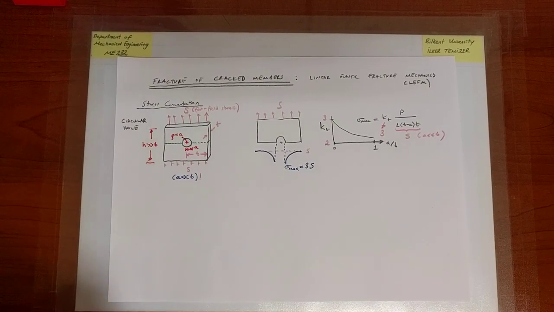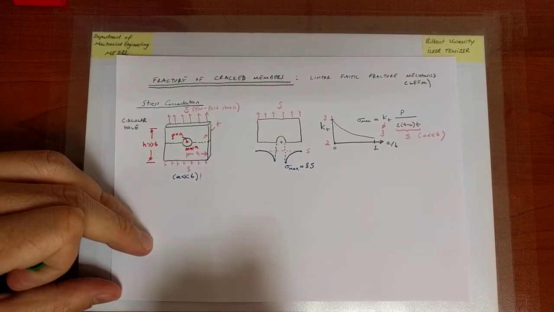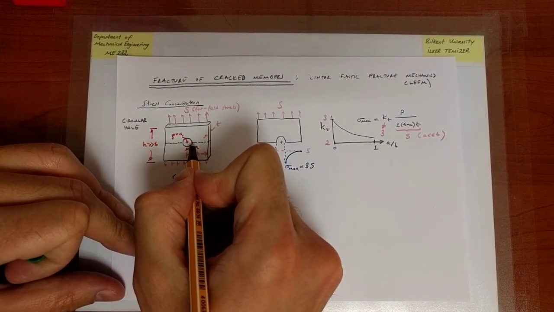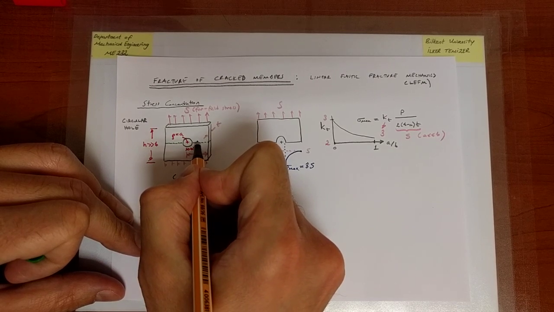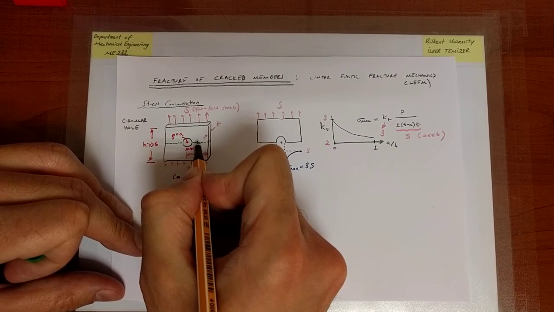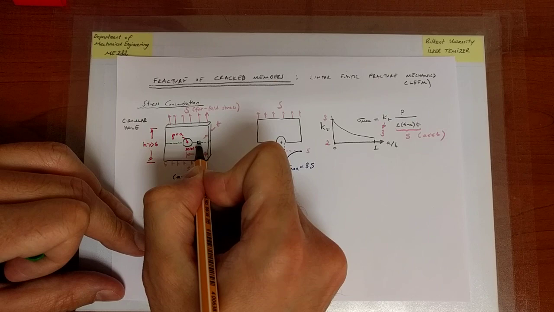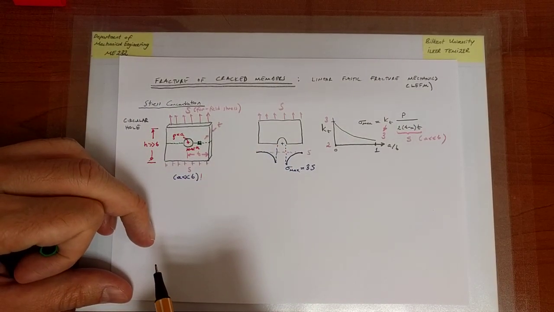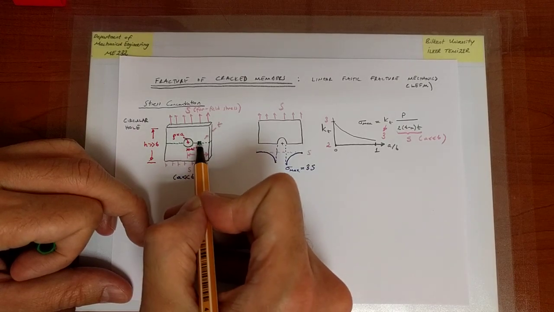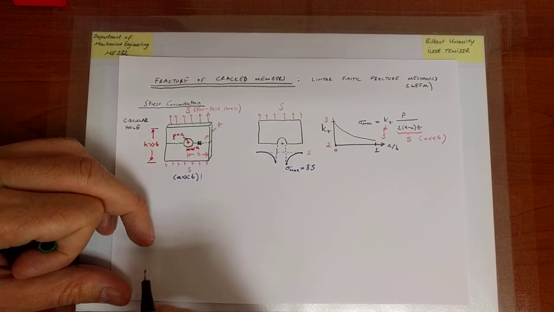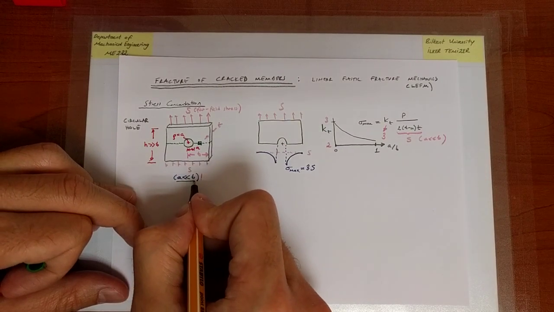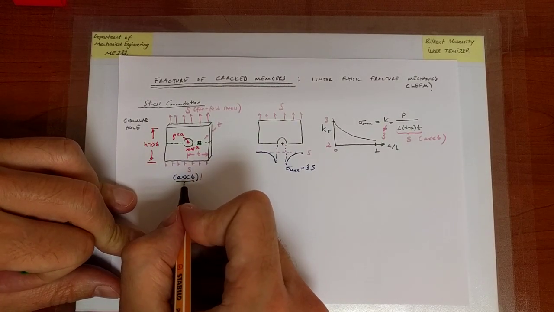Now another thing we can look at is a point, let's say here, and at that point I would like to indicate the normal stress, for the case when a is much less than b.